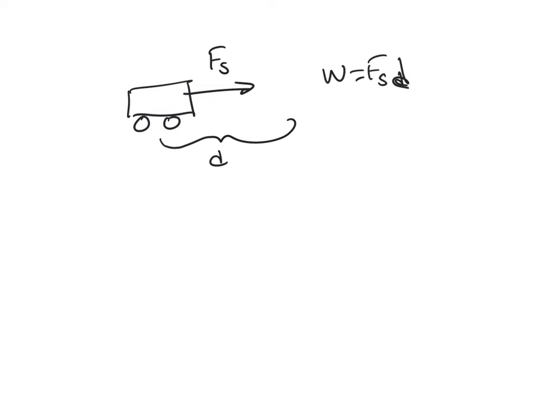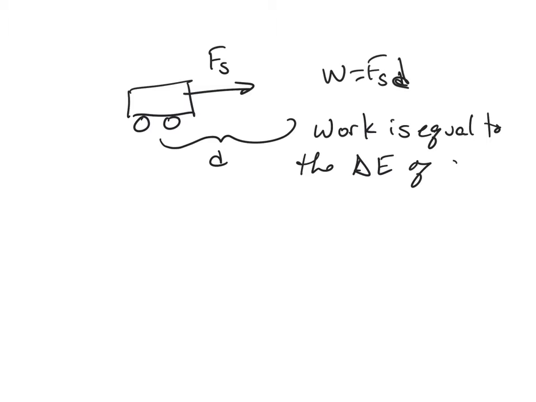What we should notice also then is that work is causing a change in kinetic energy, and what we find is that work is equal to the change in energy of a system. So not only is the work that the spring does on the cart equal to force times distance, it's also equal to the change in kinetic energy of the cart. So work is equal to delta KE in this case. So work of the spring is equal to delta KE.